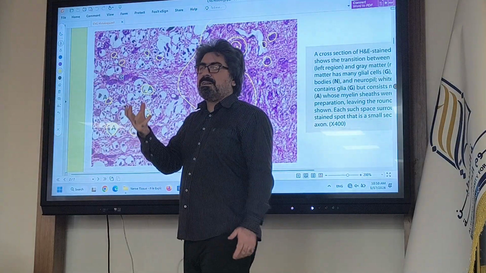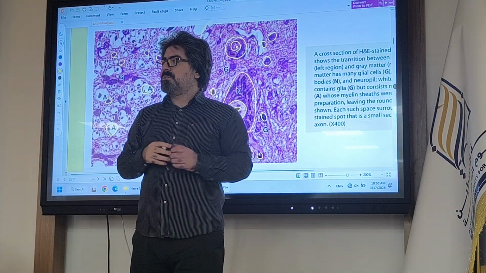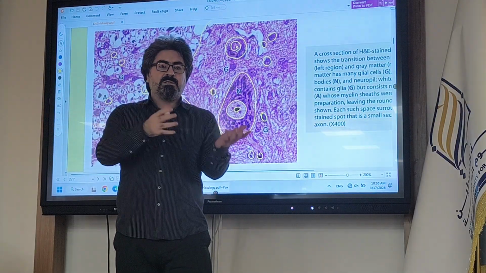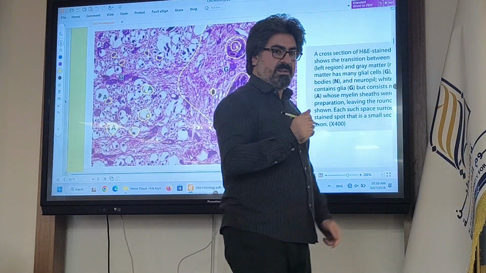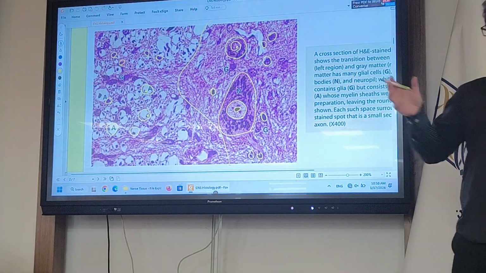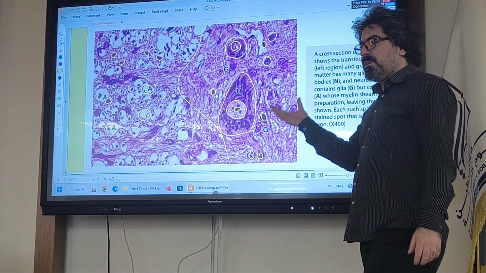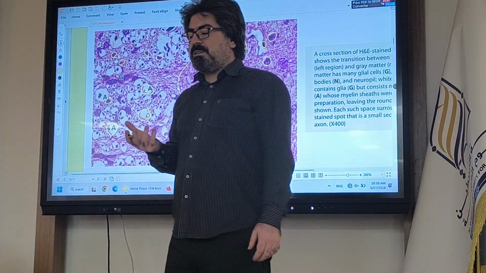The key feature of white matter is having myelinated axons. Glial cells can be found in different parts, in gray matter or white matter. For example, astrocytes can be found in gray matter and white matter. Microglia can be found in gray matter and white matter.